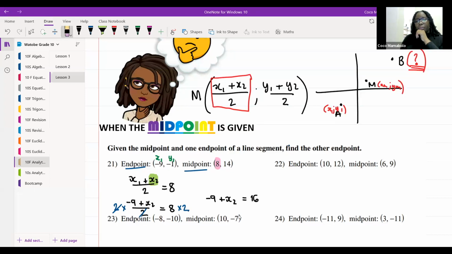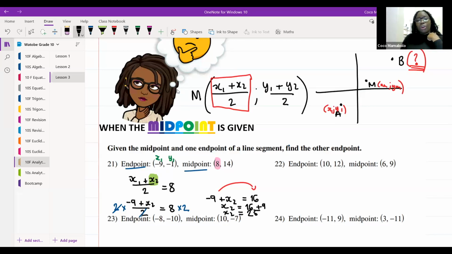Then you're going to have to put your like terms together, if I am right. Yes. So we need to get the -9 onto the other side, so it's going to be +9. So it's 16 plus 9. x2 will be equal to 16 plus 9, which is x2 is equal to 25.